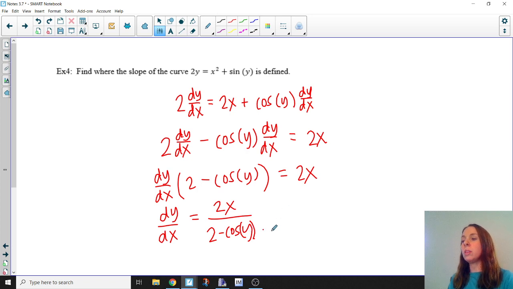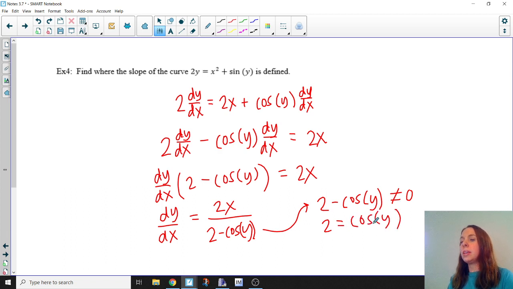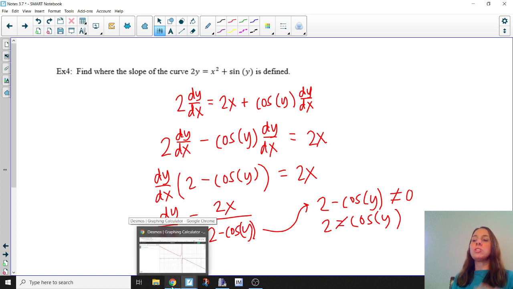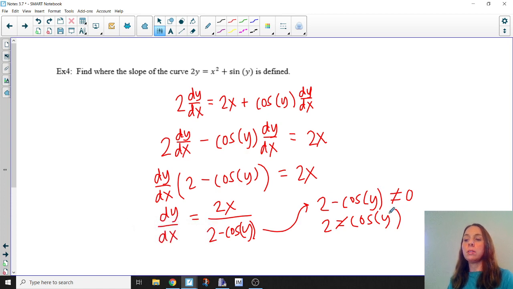So we want to think about, okay, 2 minus cosine of y cannot be 0. We don't want it to be 0, right? So that means that cosine of y cannot equal 2. And so what we should now think about are what are some values that we would be putting in here into the cosine that would give us 2.